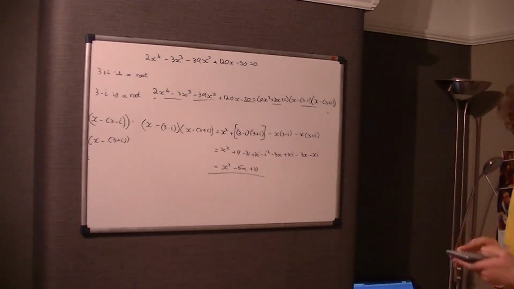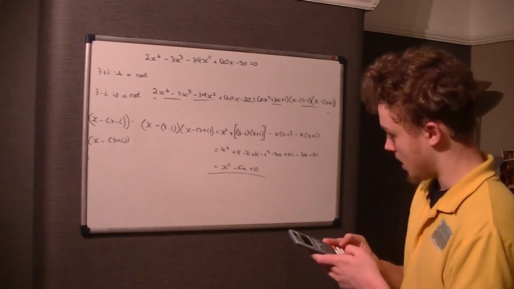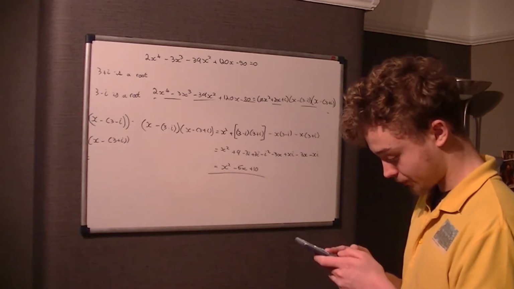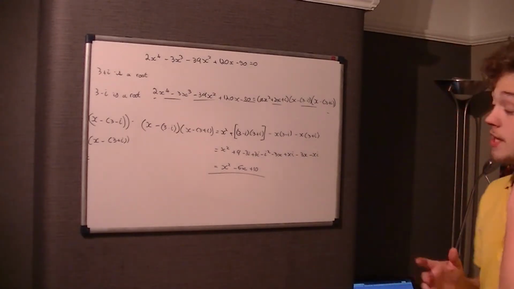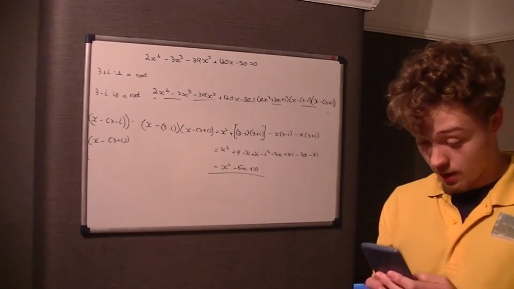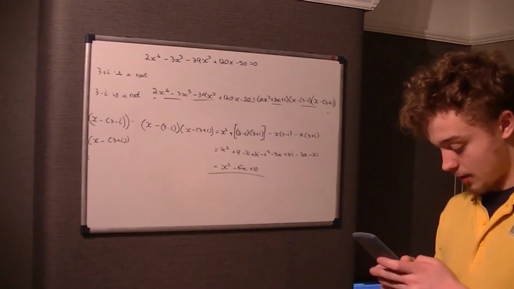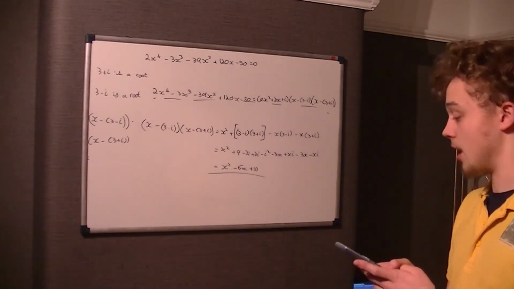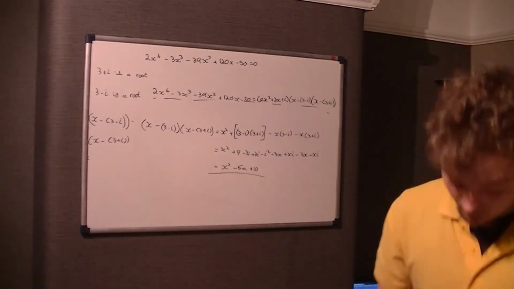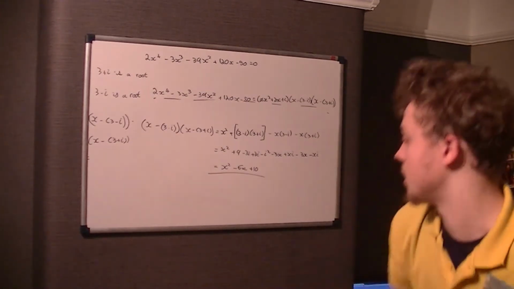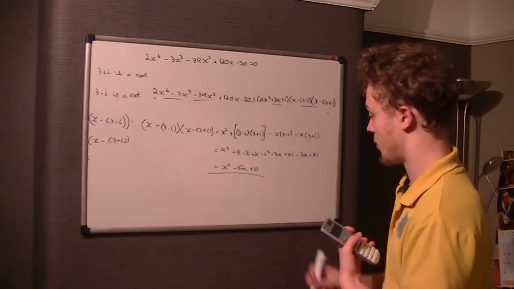So what we're doing is negative b, which is plus 6. So it's 6 plus or minus the square root of b squared take 4ac, so it's the square root of 36 take 4 times 1 times 10, which gets you negative, you can't use a calculator obviously, I don't know why I attempted it.